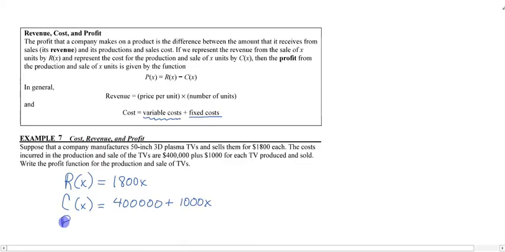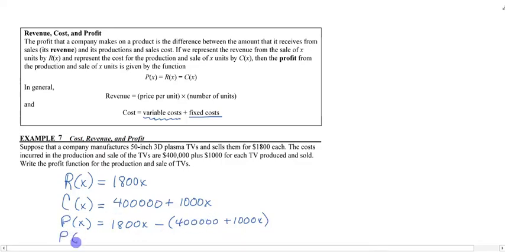Now our profit function is R of X minus C of X. So we have the R of X function, and we're going to subtract the C of X function. Make sure that you use parentheses because we want to make sure that we are subtracting the entire cost function, not just the first term of it.